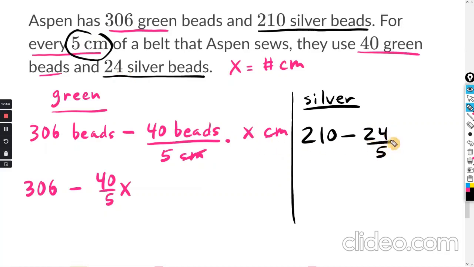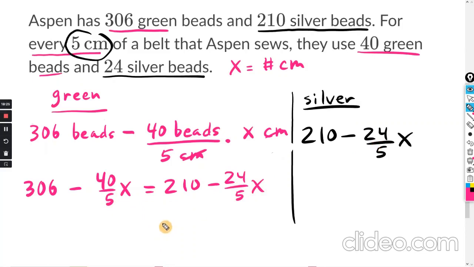And that's times x. So since we want to see when they're equal, we're just going to set these equal to each other. So this here is going to equal 210 minus 24 fifths times x.